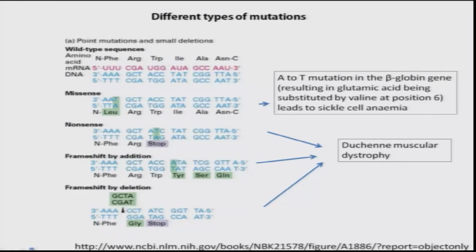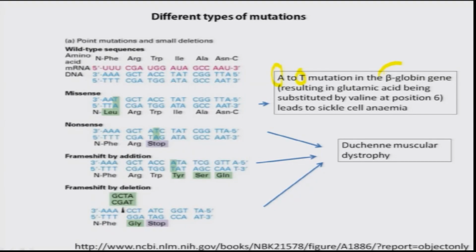For example, one of the common textbook examples for missense mutation, meaning one amino acid being replaced by another because of a change in the DNA, is sickle cell anemia, wherein a mutation from A to T in the gene that codes for beta globin results in the formation of a mutant globin protein.